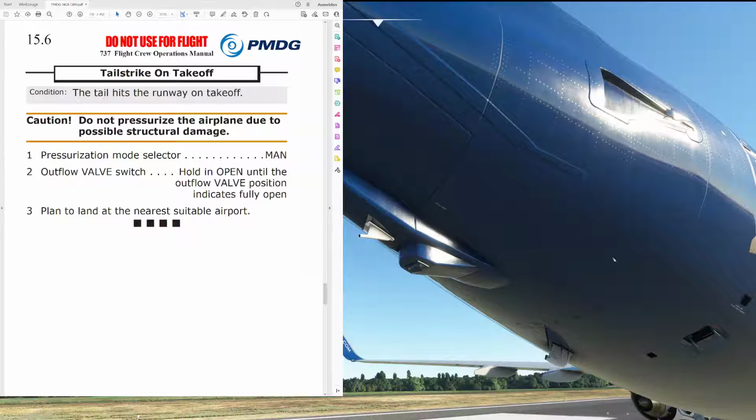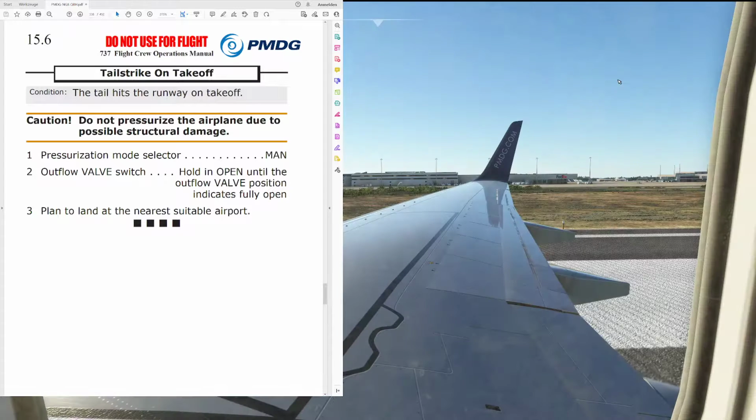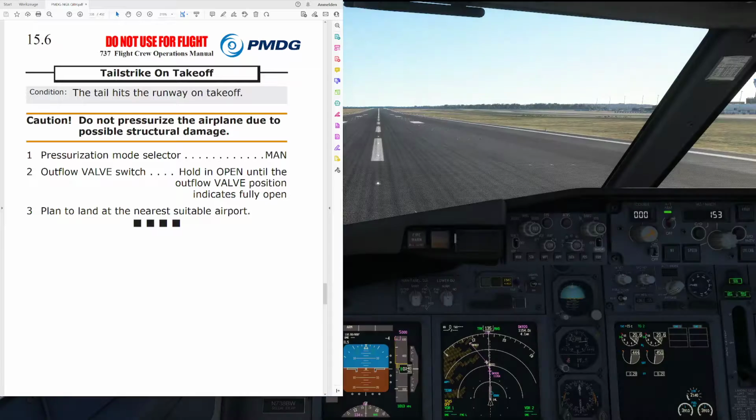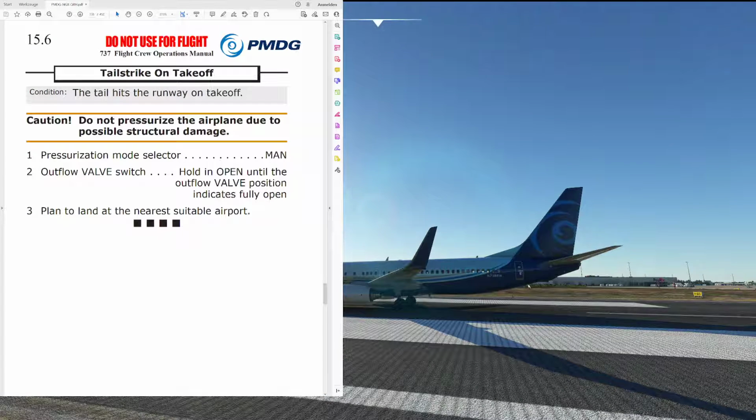So just prior to the tail skid up here, we have the aft bulkhead. Let's see if we can see that better from here. So somewhere over here you have that pressure bulkhead that basically forms the pressure cabin, and the aft part of that is unpressurized.